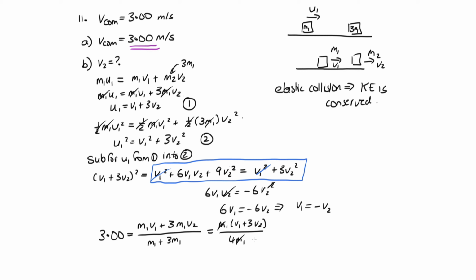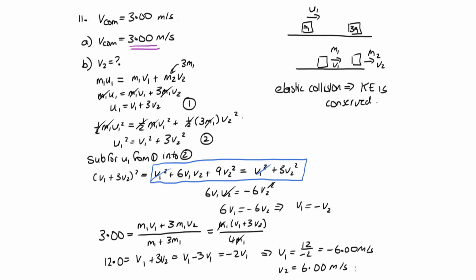The m1s cancel out. And so I've got 4 times 3, which is 12, is equal to v1 plus 3v2. But from this equation here, I've got v1 is equal to minus v2. So I can say this is equal to v1 minus 3v1. And so this tells me that v1 is equal to 12 on minus 2, which is equal to minus 6 meters per second, and v2 is equal to 6 meters per second.